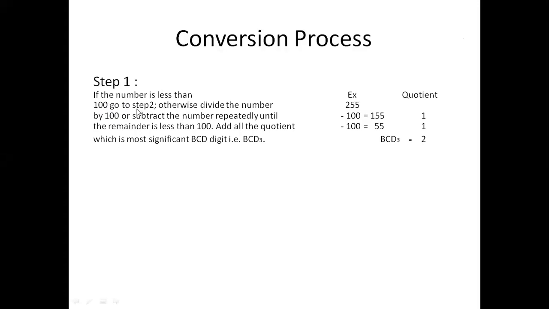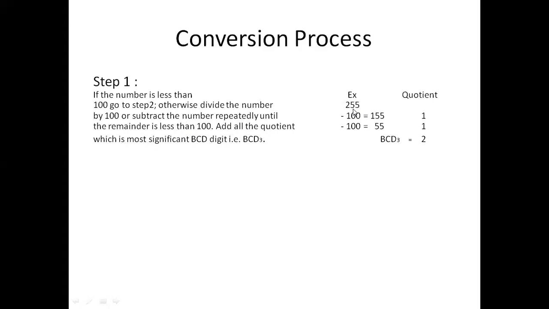Otherwise, divide the number by 100. How will the division be done? Subtract repeatedly until the remainder becomes less than 100. Add all the quotients, and after adding all the quotients, that will become BCD3, the most significant BCD digit.